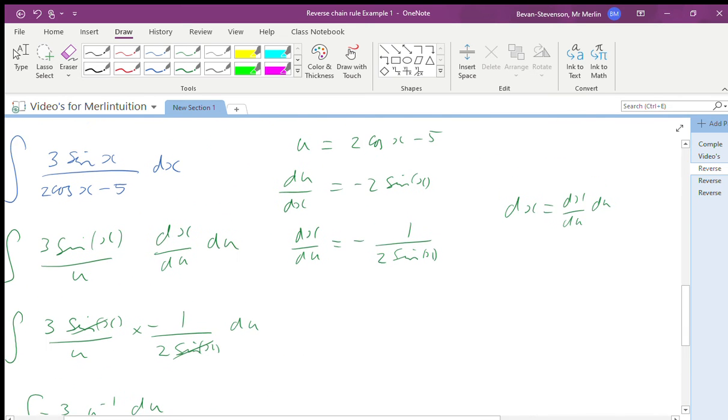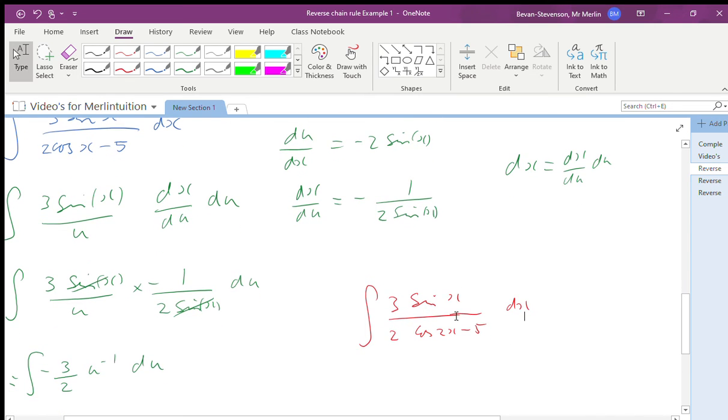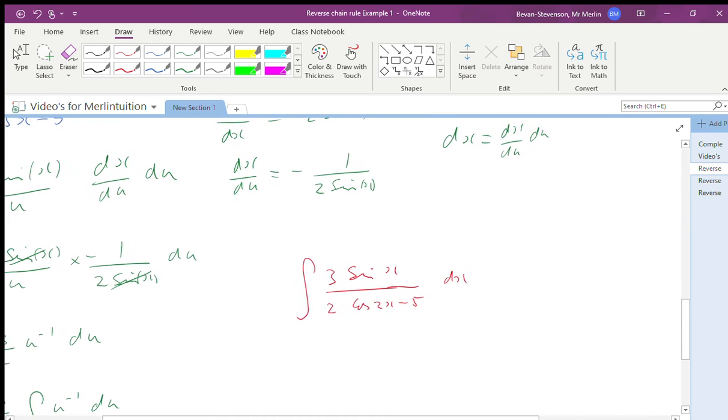Again, instead, to integrate this, we had the integral of 3 sine x over 2 cos x minus 5 dx. We could have seen that sine x was the differential of cos x, and therefore we can use our reverse chain rule here.